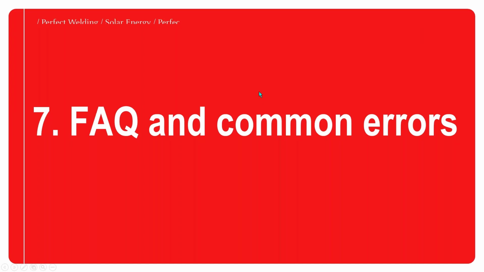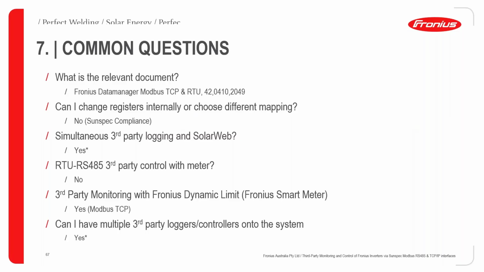Okay, there's a few questions that came, we'll address them as we go, but some key errors and frequency questions we've seen, I will try to address them a bit here. So, relevant documentation. I've shared a link of this previously, which will be found at the end of the slides as well. Our key document is the Fronius Data Manager Modbus TCP and RTU.